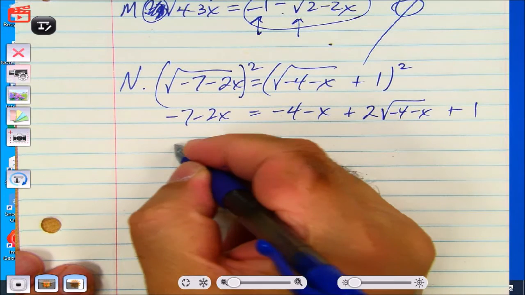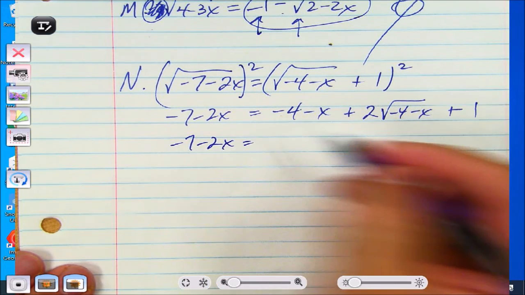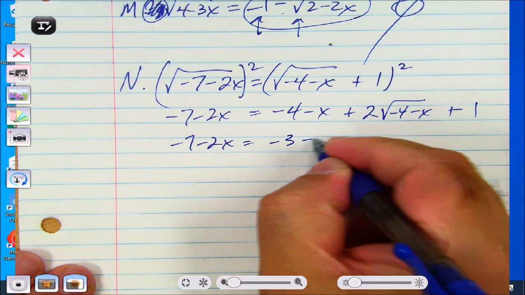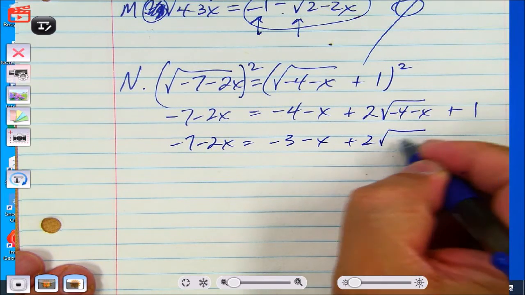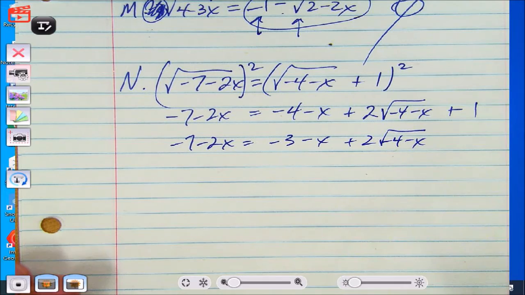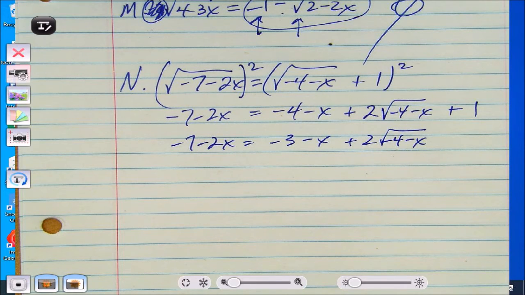Combine like terms. I'm just taking one step and I'll stop. If they both equal 0, what does that mean? So if it's like the square root of 0 equals 0, yeah, that's fine.